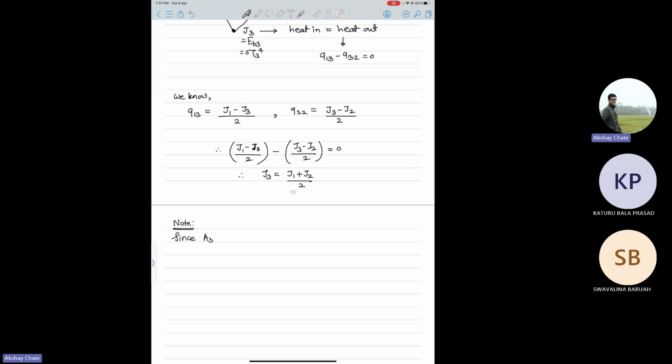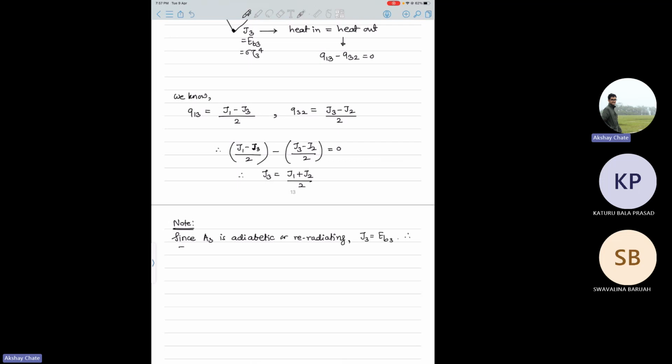Since the third area is adiabatic or re-radiating, your J3 should be equal to your EB3.